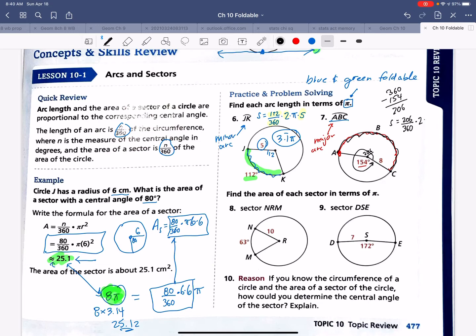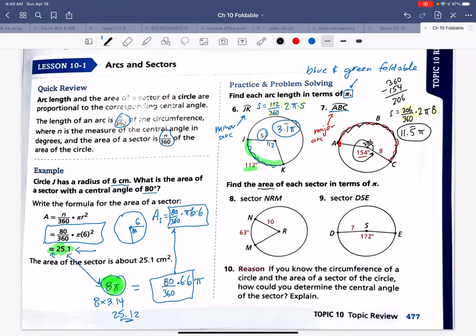And then it's 2 times pi times the radius, 8. Okay? So typing this in my calculator, holding off on multiplying by pi, 206 divided by 360 equals, times 2 times 8. Okay, I get 11.5 repeating pi.